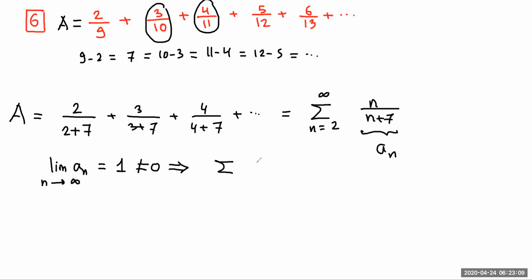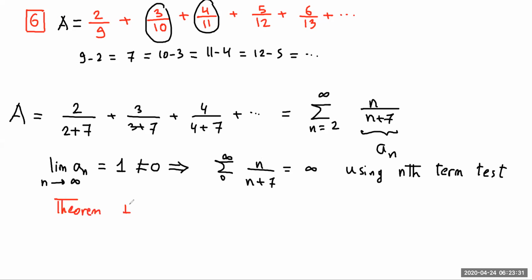So this series n over n plus 7 from 0 to infinity equals infinity using the nth term test. What was the nth term test? Let's remember. It's a theorem.